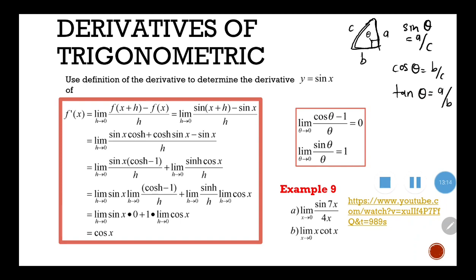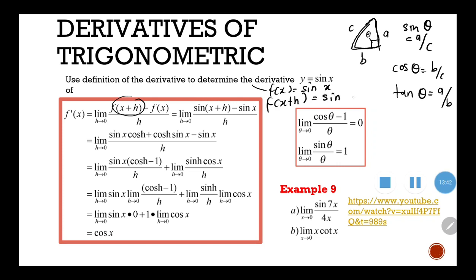Okay, so now let's look at this example here. Use the definition of the derivative to determine the derivative of y equals sin x. So in this part here, f(x) is what? f(x) is sin x. So f(x+h) is what, guys?